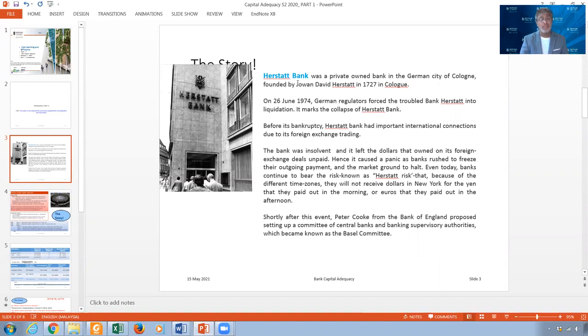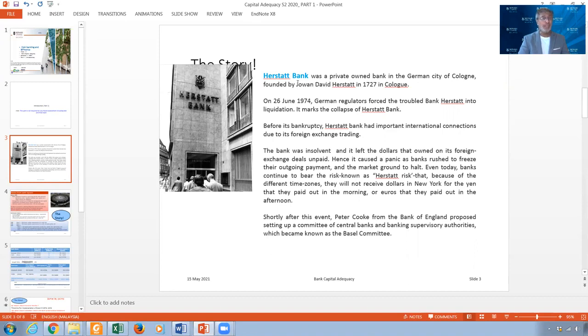Now, in 1974, on a Friday, there were some transactions and exposures of this bank, Herstatt Bank, to the American banks. Because of the time zones, specifically when it comes to the exchange rate, there will be some transactions, for example, in Tokyo in the morning.